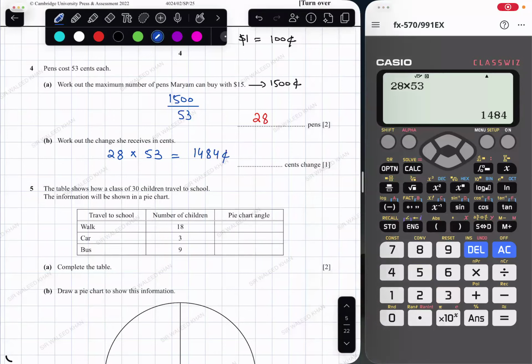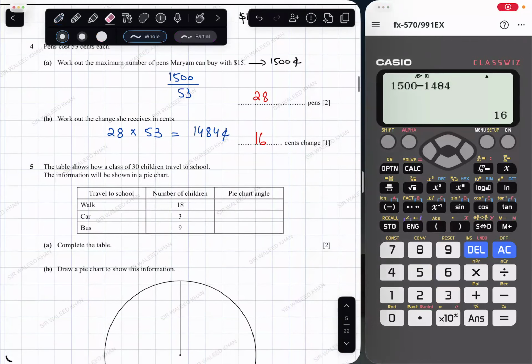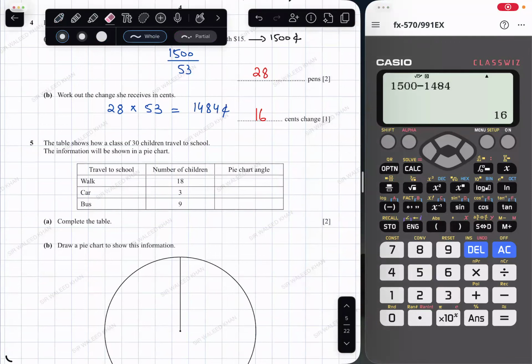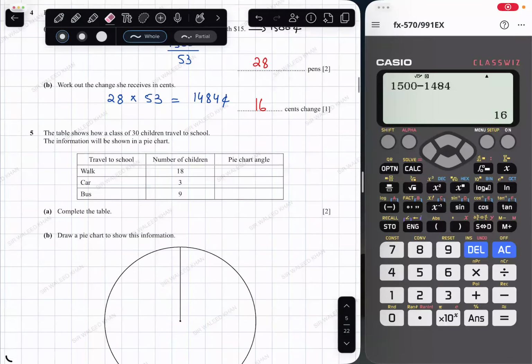And she had 1500. So 1500 minus 1484, and we have 16. 16 cents change. Always be careful with the sign, the currency they are using, right? The units they are using.